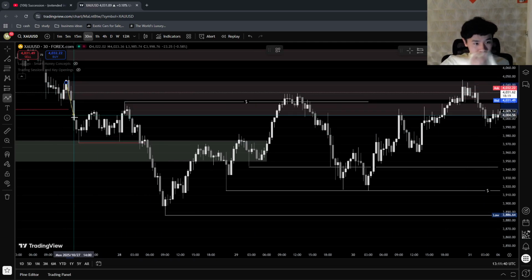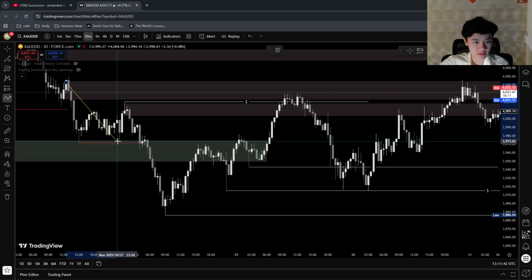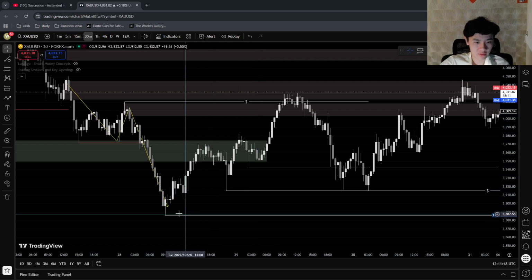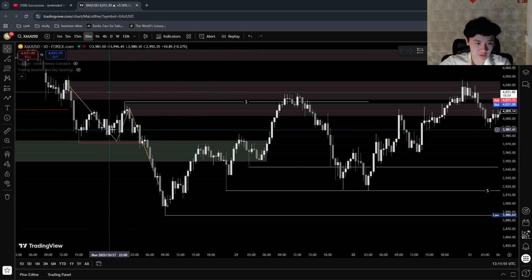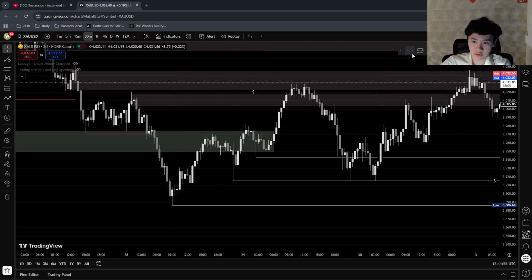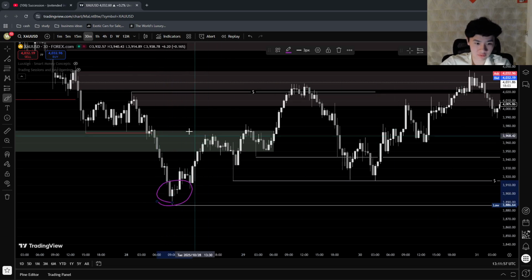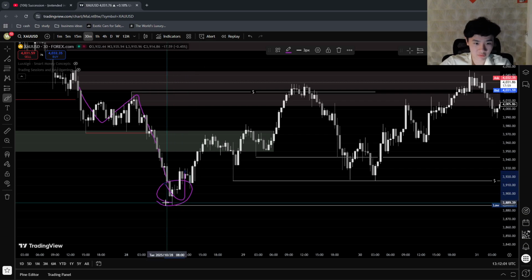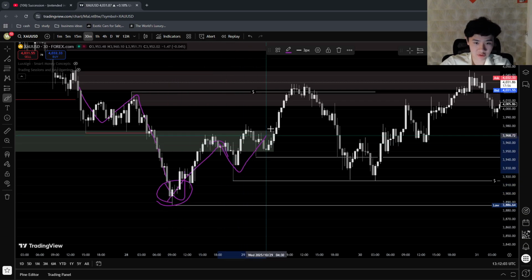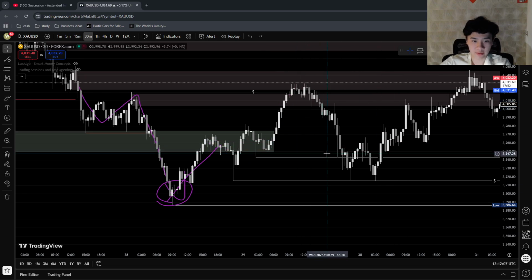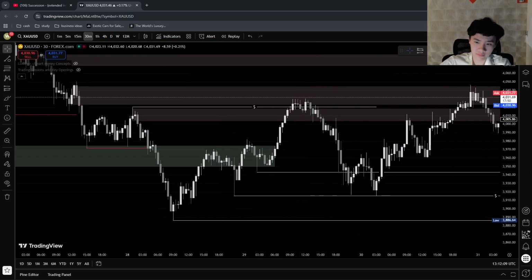So we will try to explain this chart. Price came down to create a lower low. This is a bearish movement, and then price came down into this zone like this, and then retraced into the upside.